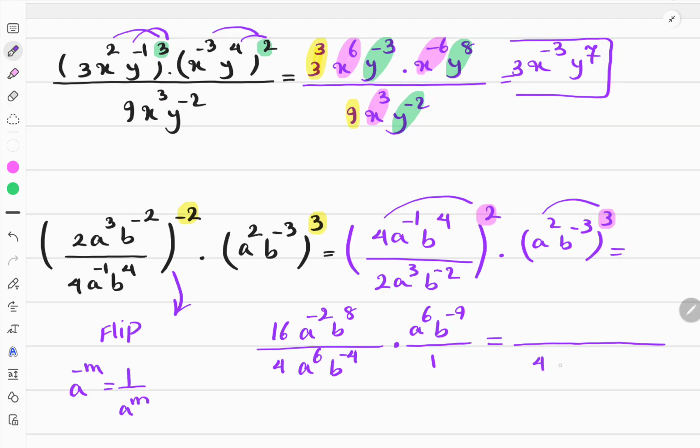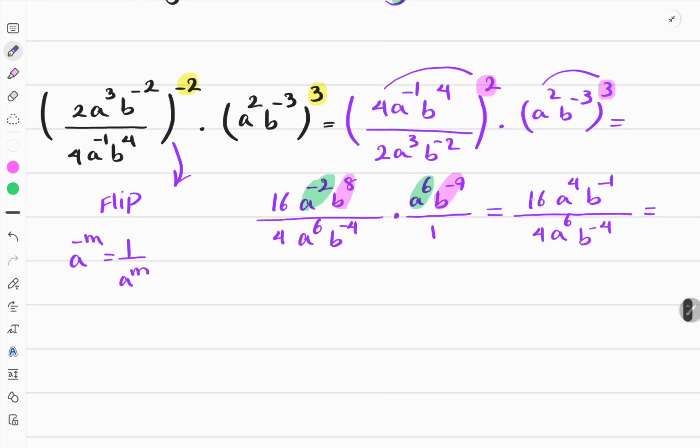The denominators is exactly the same, but for the numerators, a2 and a6 is a to the power of 4, and for b to the power of negative 1 when you add exponents. And the last step, 16 over 4 is 4.